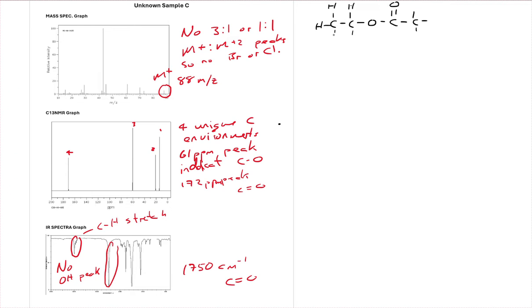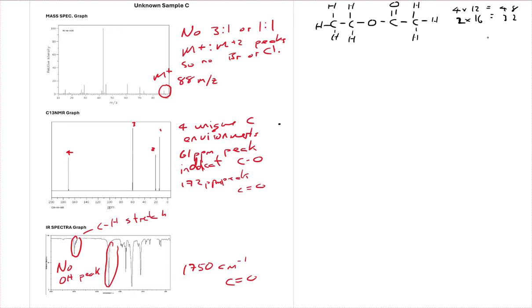So remember, what we do here is add up all the carbons. 4 times 12 is 48. All the oxygens, 2 times 16, is 32.